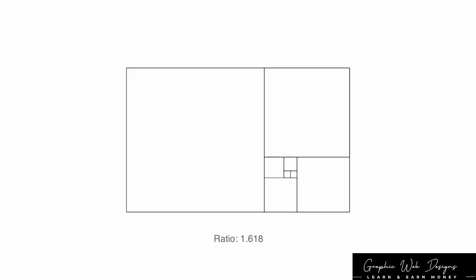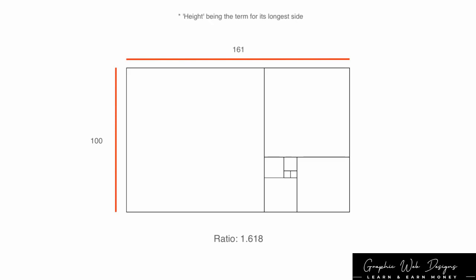So with this information, we can develop a golden ratio rectangle without even using the grid. We know that a rectangle that is 100 units in width will be 161 units in height, whether those units are millimeters, centimeters, or pixels.